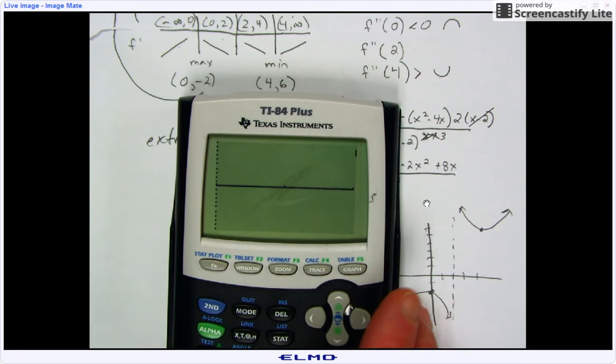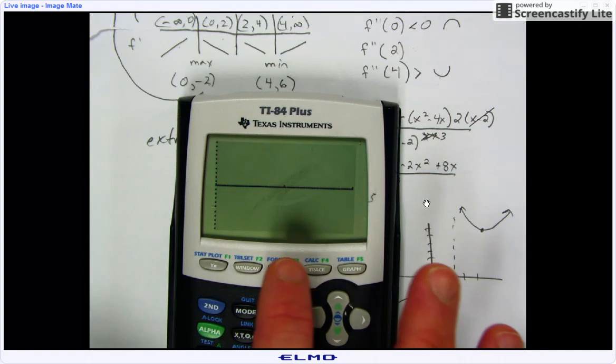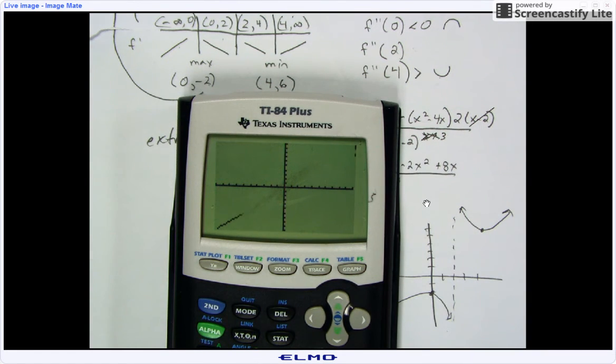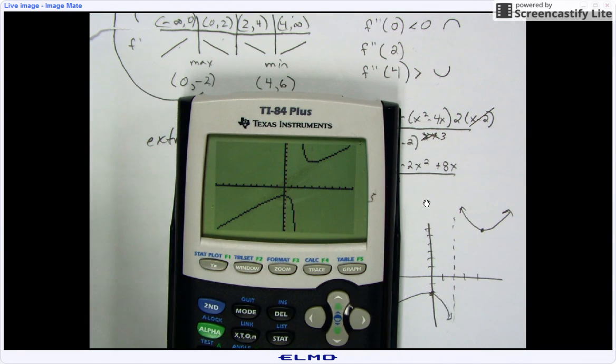I have a different window set, so I need to change my window and see what we have. Pretty good sketch of what it should look like. And there's something else here that you may have talked about in algebra. There's a slant asymptote as well, but you don't need to know how to find the slant asymptote. That's it.